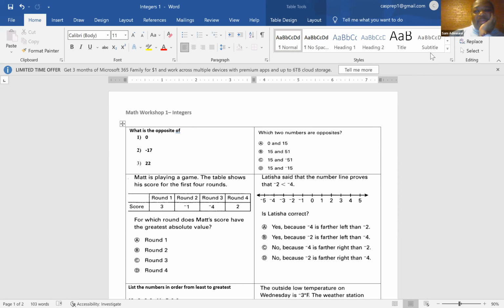Go ahead, Maddie. The opposite of 0 is -0. Okay, anybody else? Maddie, does 0 have a positive to it?